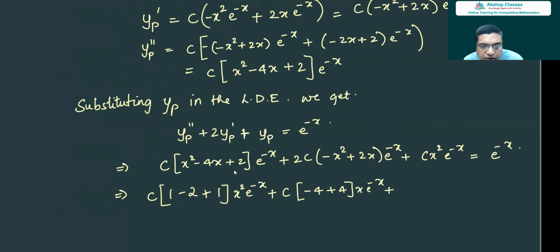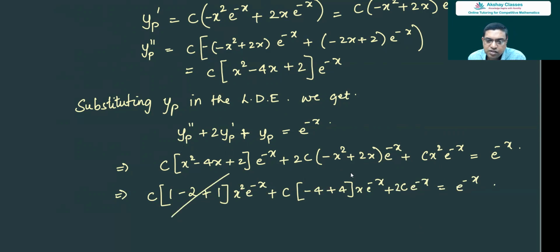Then last, we just have the constant 2c e power minus x. 2c e power minus x is equal to e power minus x.